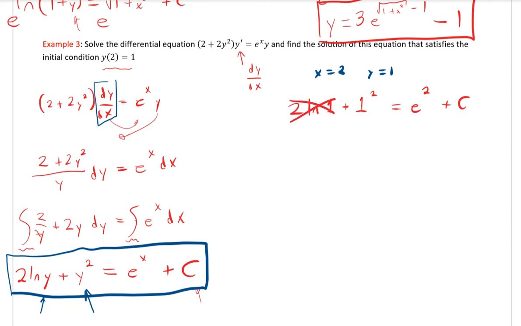Well, natural log of 1 is 0, so I just get 1 over here. So I have 1. If I subtract e squared, I get what c is. So then I can write my solution for this specific problem as 2 natural log of y plus y squared equals e to the x plus 1 minus e squared.